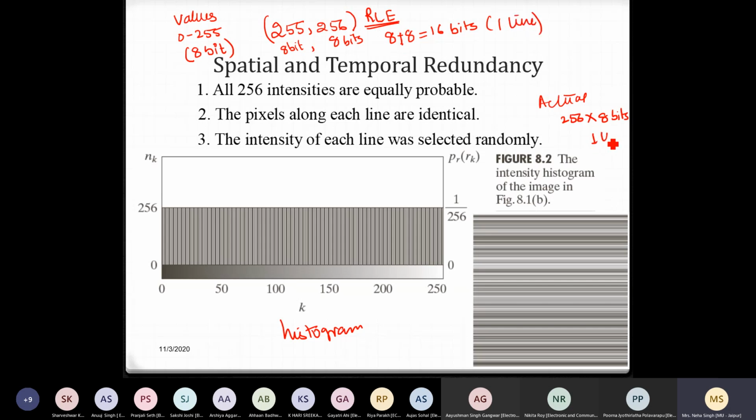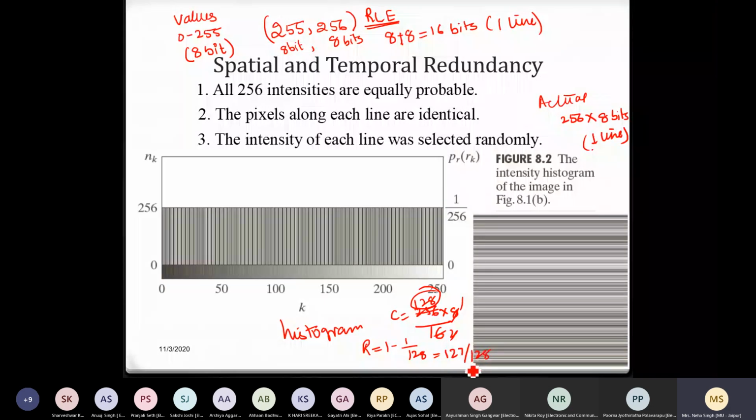Here also it is for one line. So how much compression have I achieved? I have achieved a compression of 256 into 8 upon 16, which is 128. So the compression achieved is 128. See how high the redundancy is: 127 upon 128, almost 1.